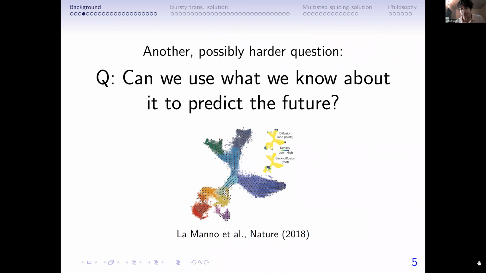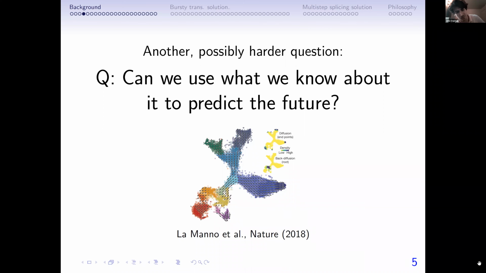Another, probably equally hard or harder question is, can we use what we know about transcription to predict the future? Many of you may be familiar with RNA velocity, kind of a new trendy method for predicting single cell trajectories.